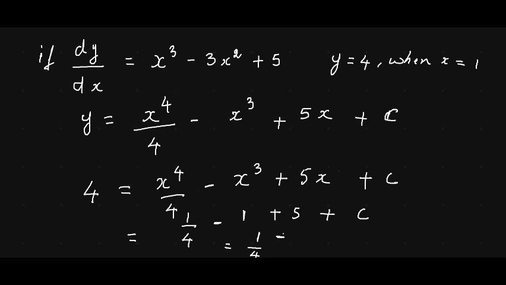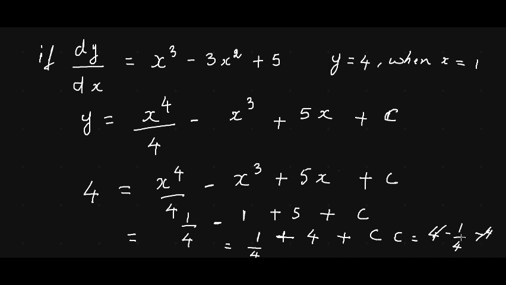It will become a plus, minus 1 plus 5 is 4, plus c. Yeah, I should have simplified this. So c is equal to 4 minus 1 by 4 minus 4, correct?